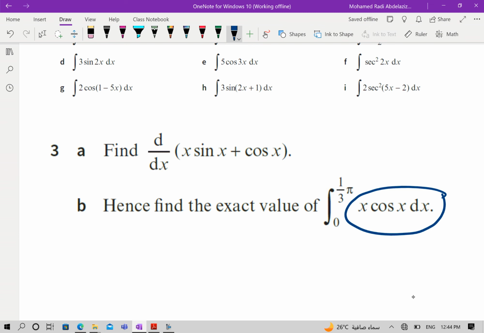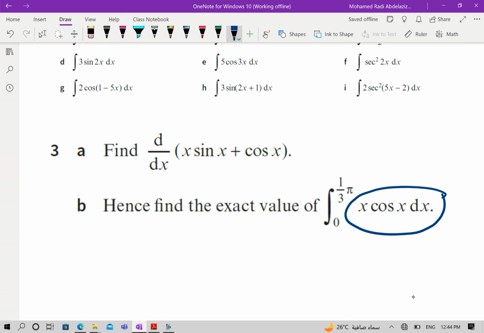This type of integration is called integration by parts. We'll study it in detail, inshallah, in paper 3. But how can I ask you this question now without giving integration by parts?